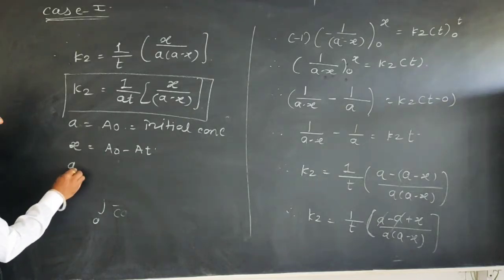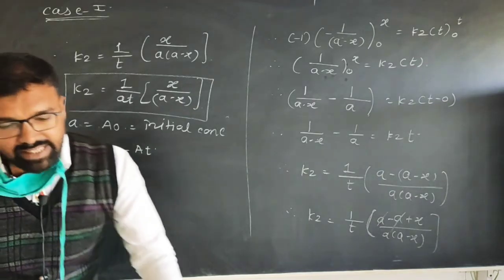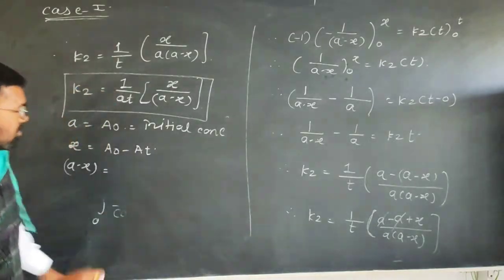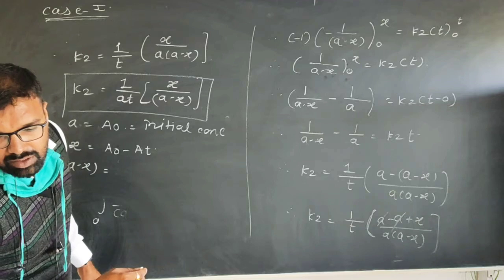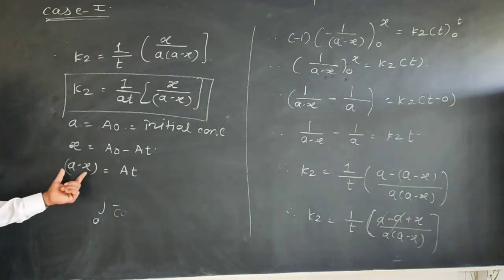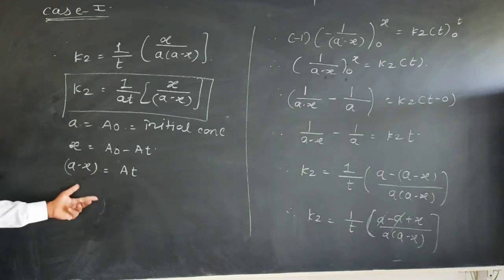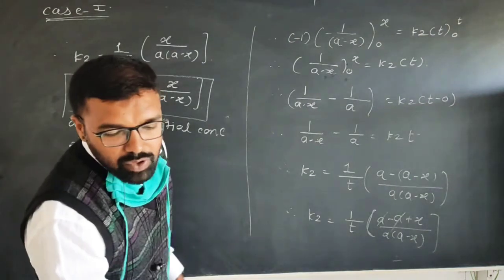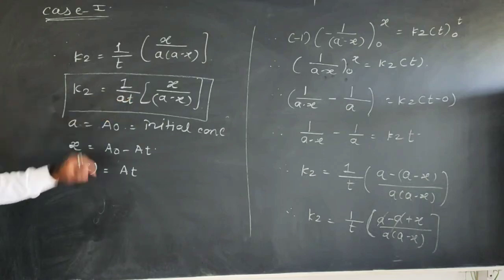A minus X is nothing but the reactant remaining after time t, that is At. Putting this value, because in some references this format is not given.